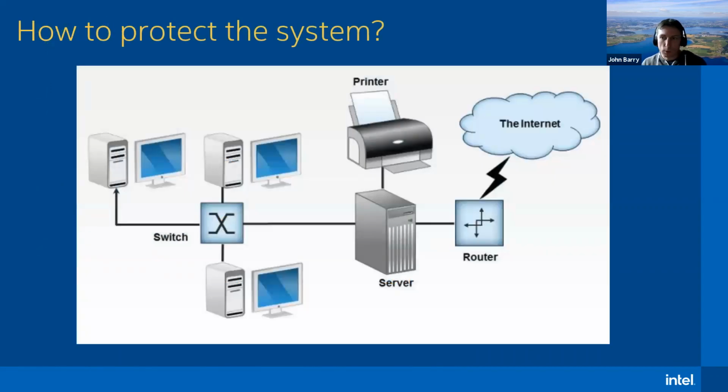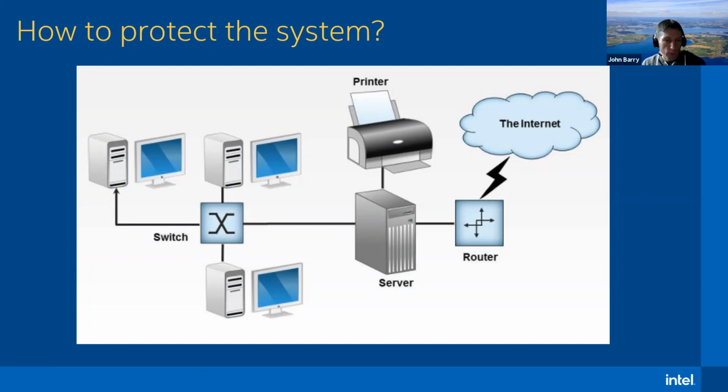We'll start off by looking at a typical system. This is an idealized network, a typical LAN configuration that you might have in a small office or a home office setup.